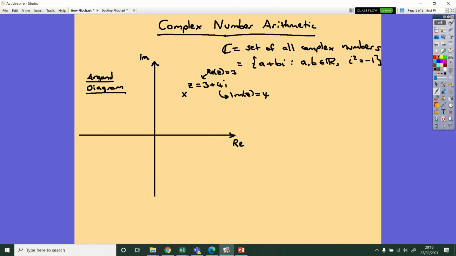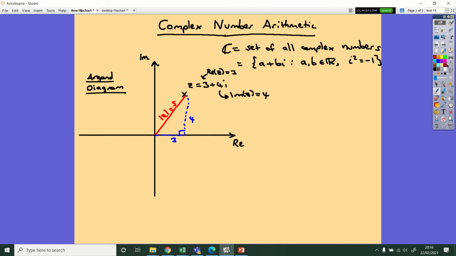So now what we can do is get the modulus of our complex number. If we know that the components are 3 and 4, we can easily use some Pythagoras to work that out. If you know your Pythagorean triples, you'll know that the hypotenuse length is 5, so the modulus of z is 5.